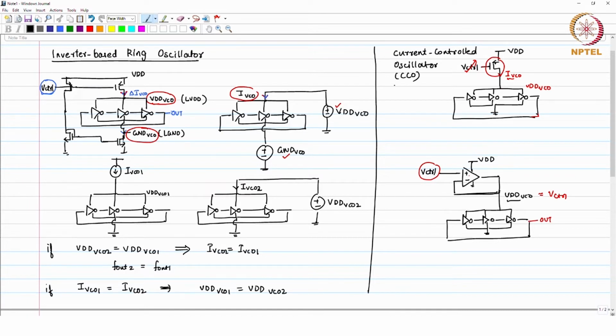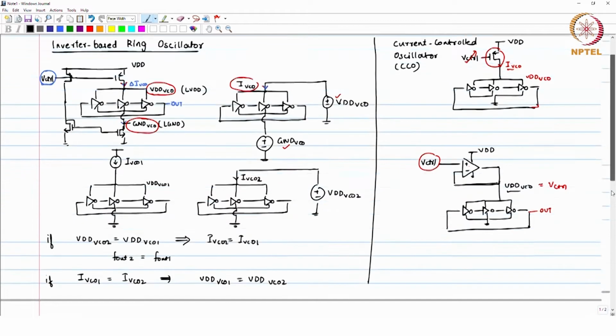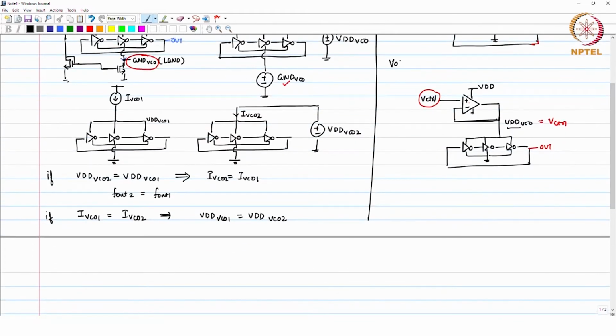CCO is short form for that, and the bottom one is a voltage controlled oscillator, because you control the voltage for the supply of the inverter directly.